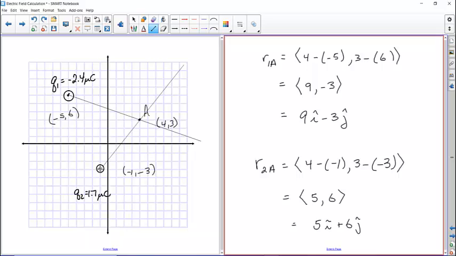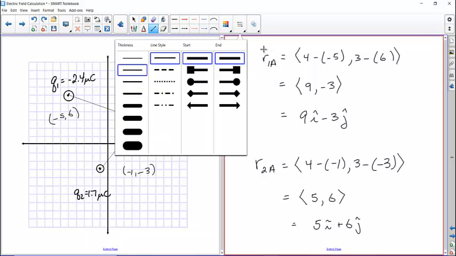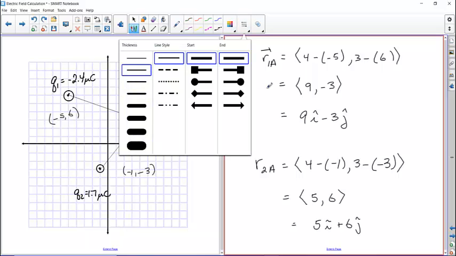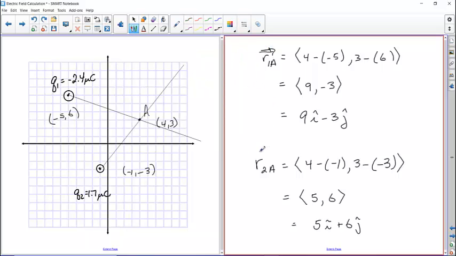Likewise here, it's 5 in the i direction, and then upward 6. Again, you can use the coordinates to come up with those vectors. I don't have them showing as vectors, but I need to do that. So these are vectors, from charge 1 to point A, and from charge 2 to point A.